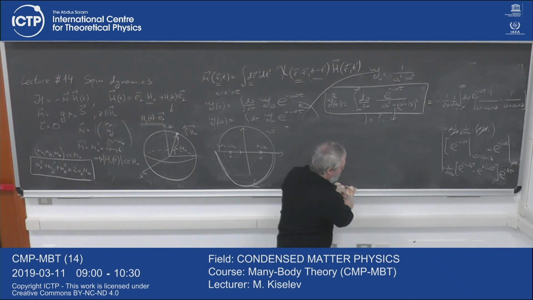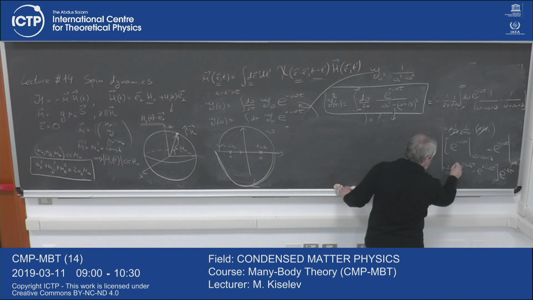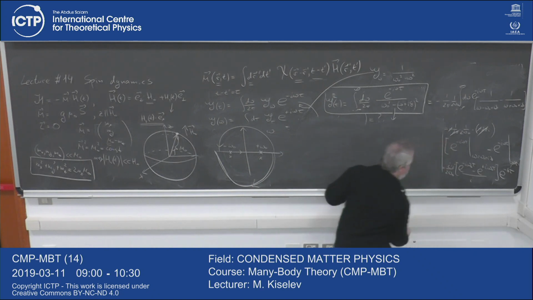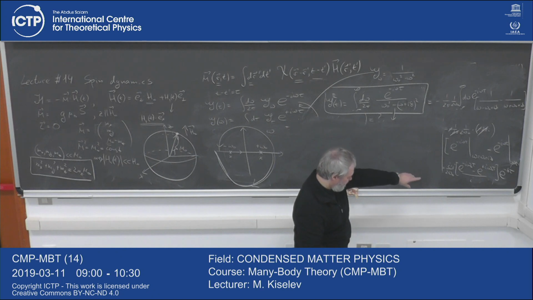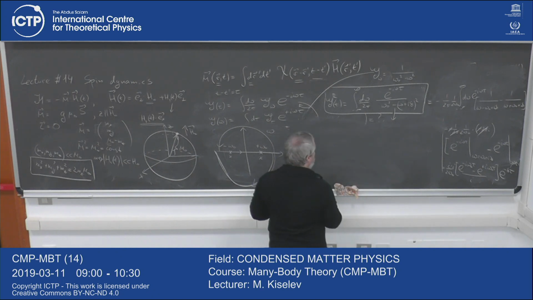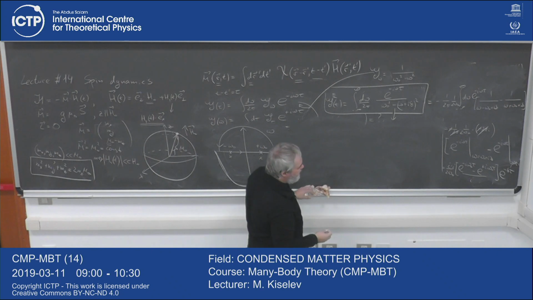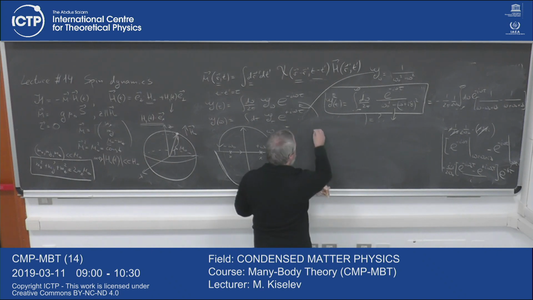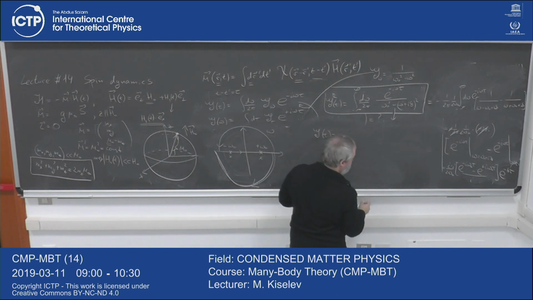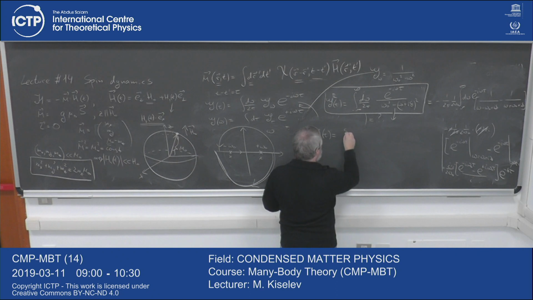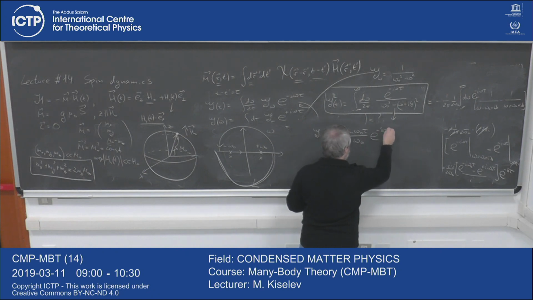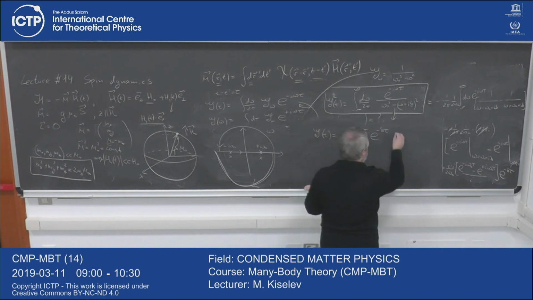So I will multiply by i and divide by i. I have a minus in the numerator, therefore I flip the sign of the terms in the brackets, so I have sine, and what I get is that G of tau is equal to sine omega naught tau divided by omega naught, times e to the power minus delta tau, and since I said tau should be positive, this is multiplied by the theta function.